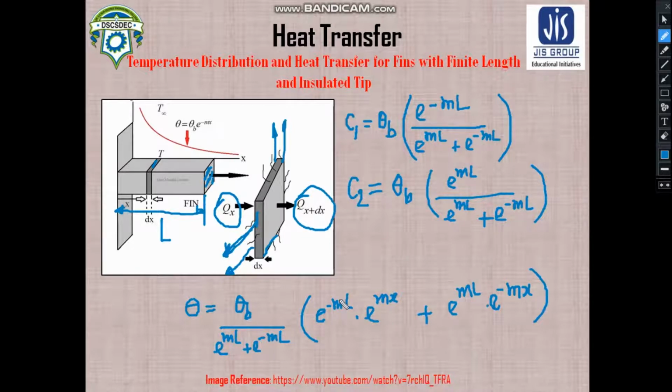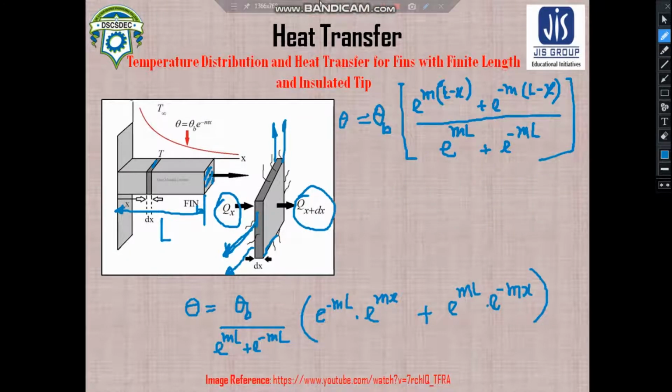Now we know the basic equation, that is C1 into e to the power mx plus C2 into e to the power minus mx. So this is our final form, and this can be rearranged in a different way, and a new function would generate from this arrangement, and I will discuss this new function and this rearrangement.